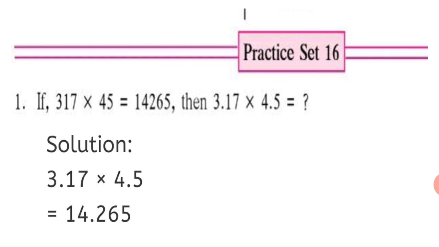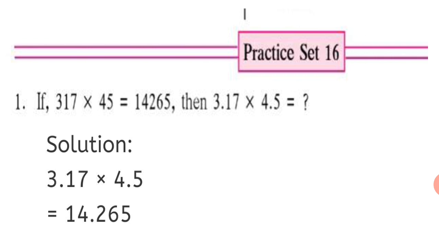Let's have a look at the answer. See here, you can multiply if you want, but here we don't have to multiply because the answer is already given. Only we have to check our decimal point. So after decimal point, look in the solution, 3.17 into 4.5. After 3 point, there are 2 places. After 4 point, there is 1 place.